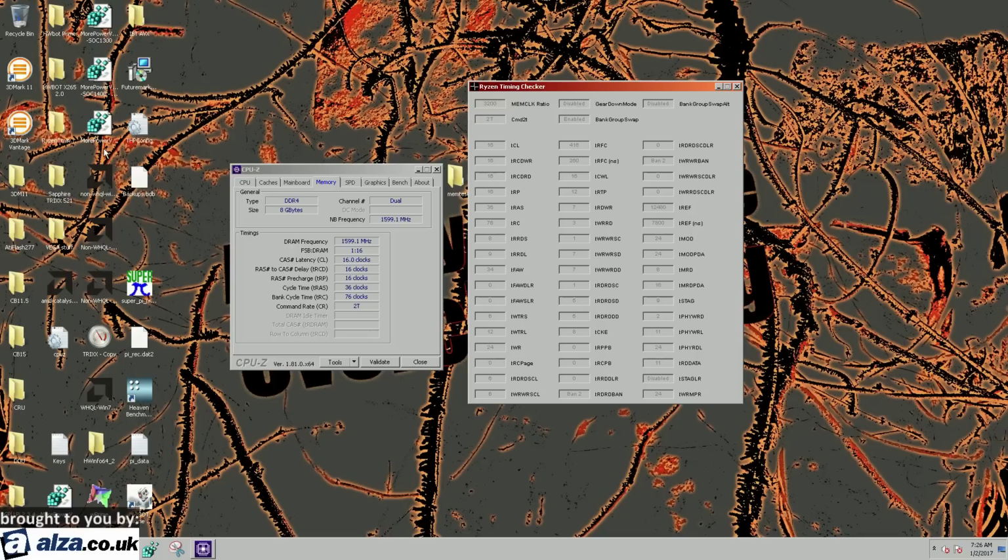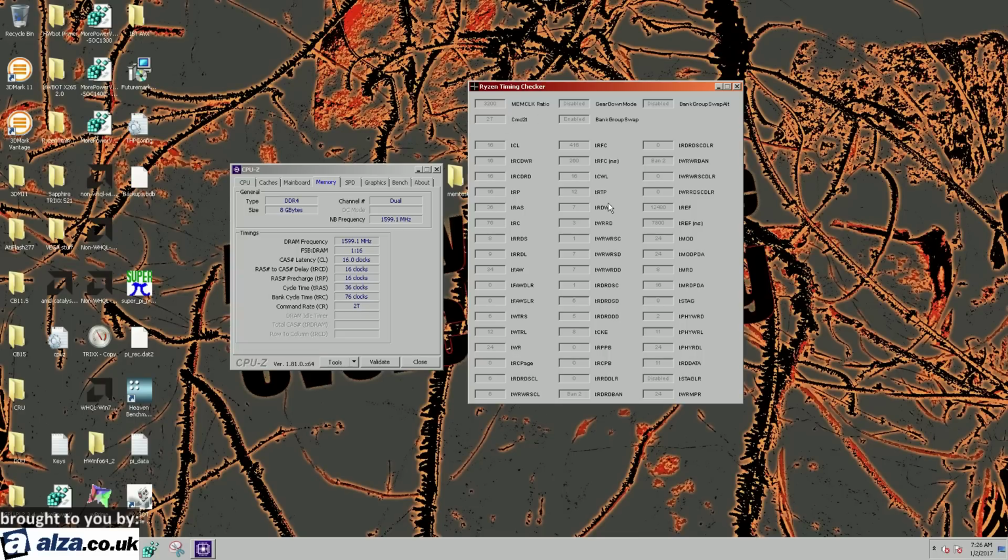Ryzen Timing Checker basically lets you check all your sub timings. You get your primaries up here. It also lets you check a bunch of other settings like gear down mode, bank group swap, which I think is channel interleaving, and that one might be rank interleaving, command rate, and all of your sub timings.